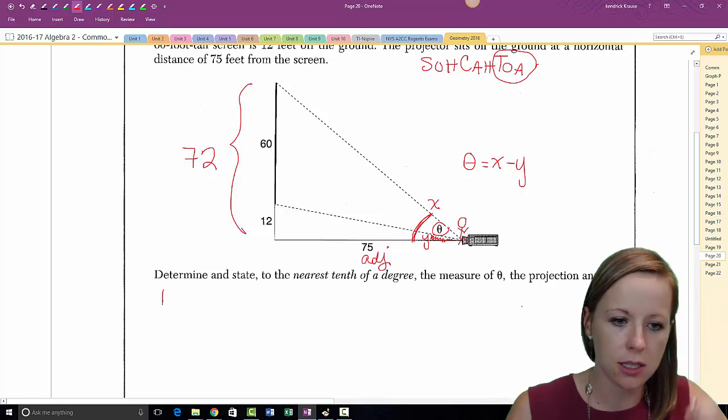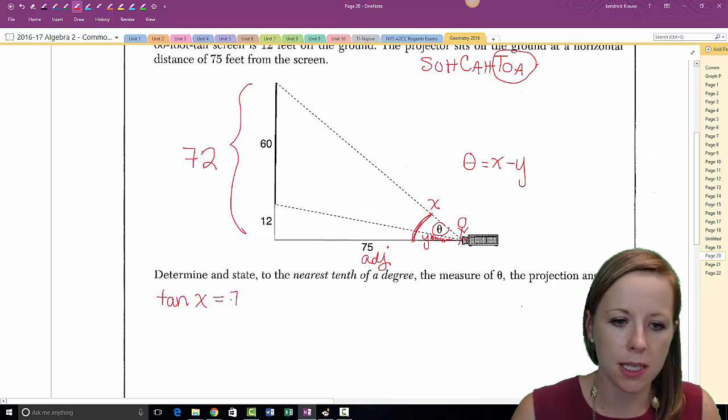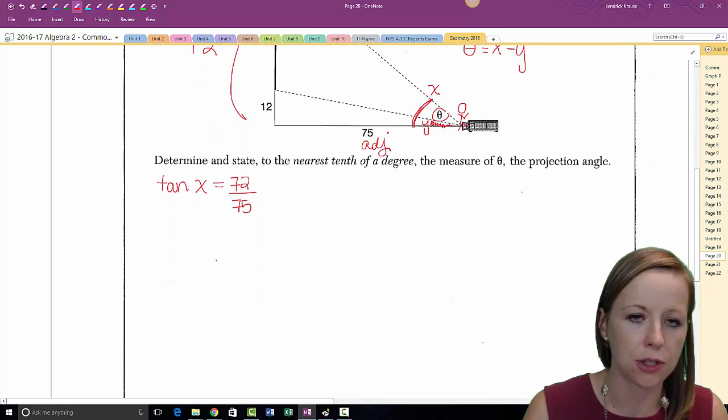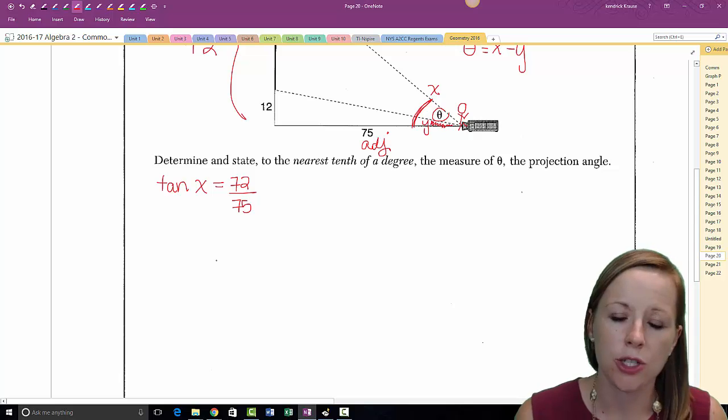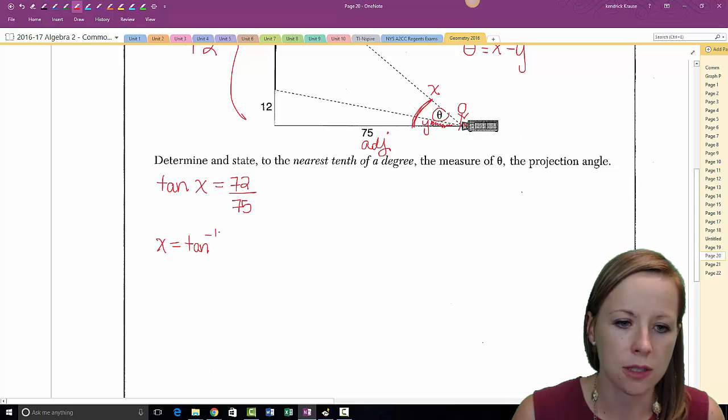So the tangent of the angle, which I'm going to call X, is equal to the opposite over the adjacent. Okay? In order to solve for X, you have to do the opposite of tangent, which is tangent inverse. So X is equal to tangent inverse of 72 over 75.